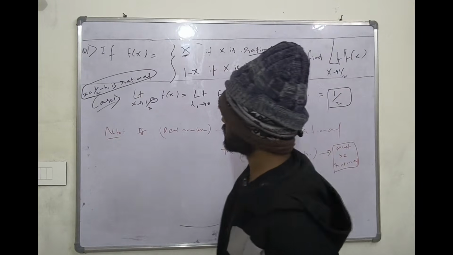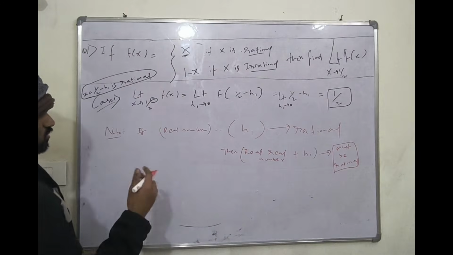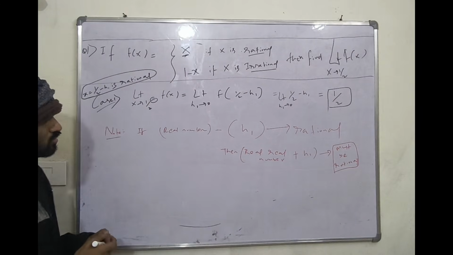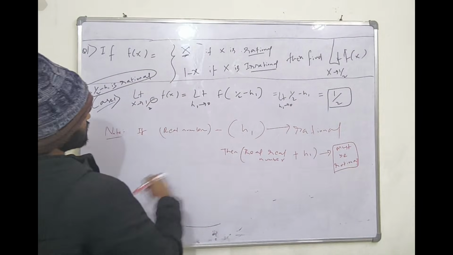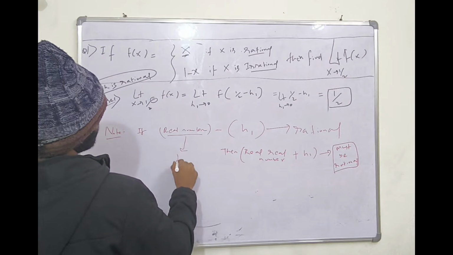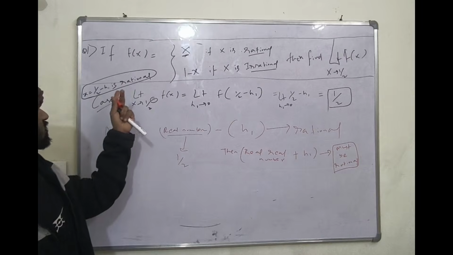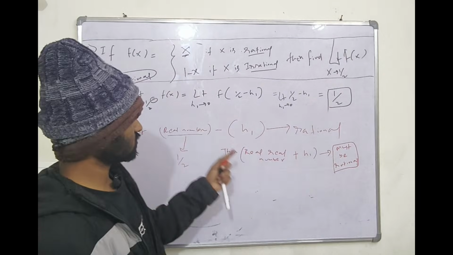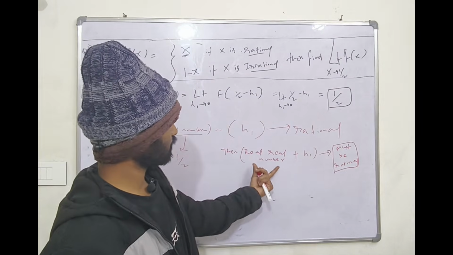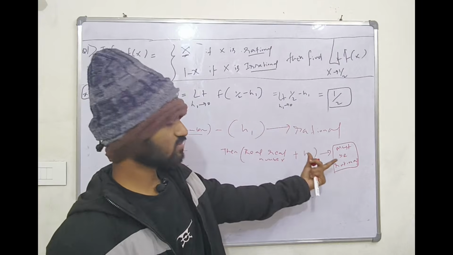Second note we will discuss later. Here the real number in this example is 1 by 2. So we assumed x equals 1 by 2 minus h1 is a rational number, so then 1 by 2 plus h1 must be rational.